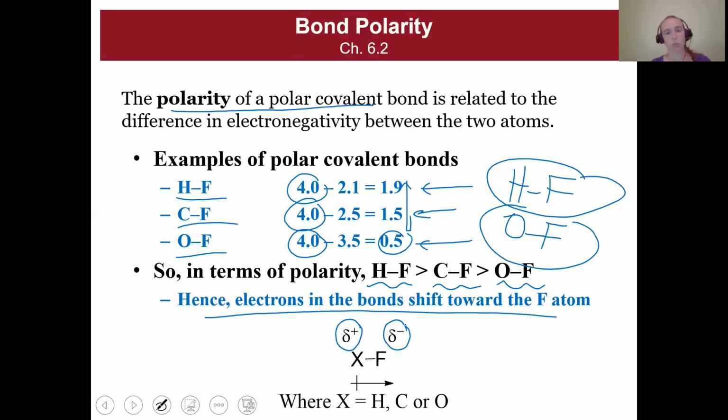If the electrons are being pulled away from the other atom, which could be hydrogen, carbon, or oxygen in this case, that atom is going to have a slightly more positive charge. And we can draw that with this arrow. This arrow designates the polarity of the bond. The positive end is this little positive sign on the end of the arrow, and the negative end is the point of the arrow.